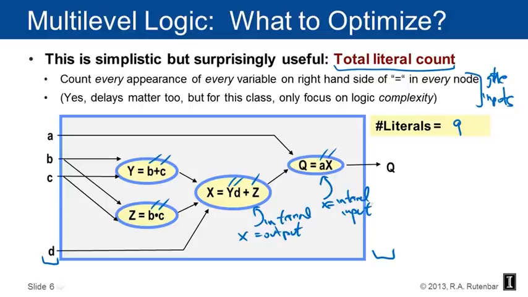Because it becomes an input, it's going to be an input to somebody's gate somewhere, and so we may as well count that thing. And that's why counting the literals, counting the appearance of a variable in true or complemented form on the right-hand side of an equal sign, is a surprisingly good model of the complexity of one of these logic networks.